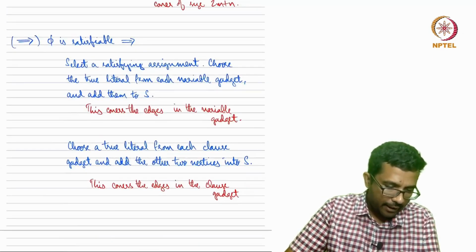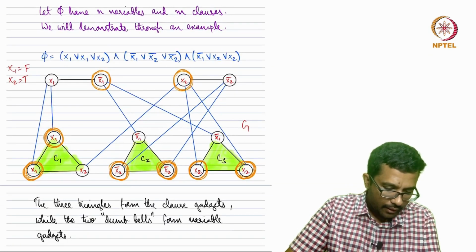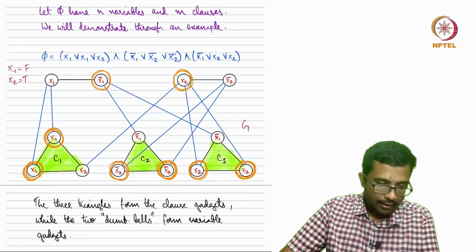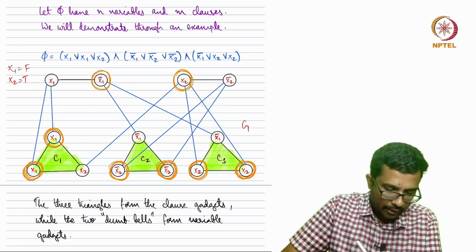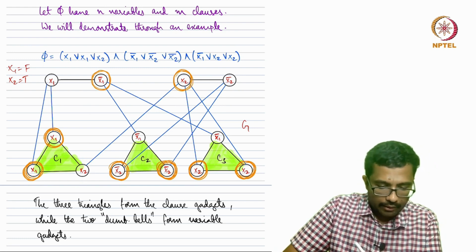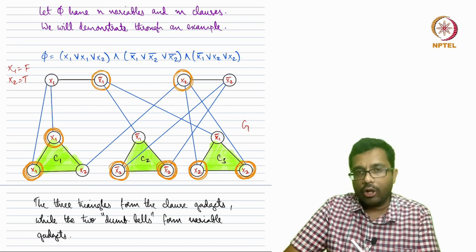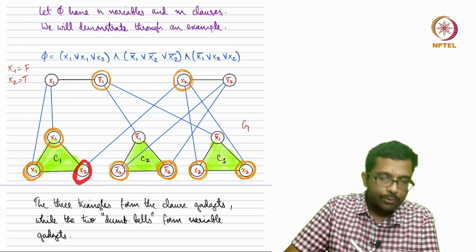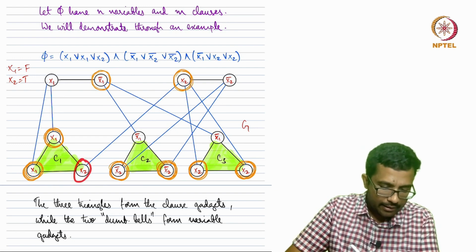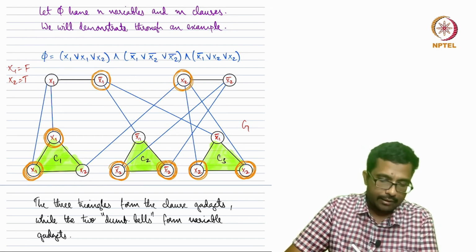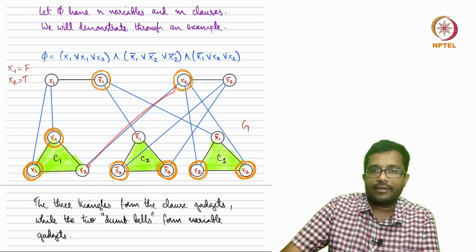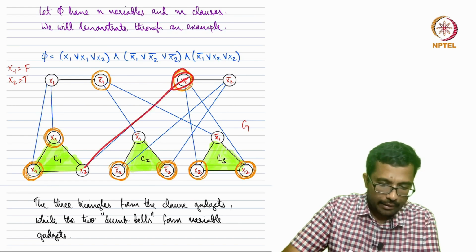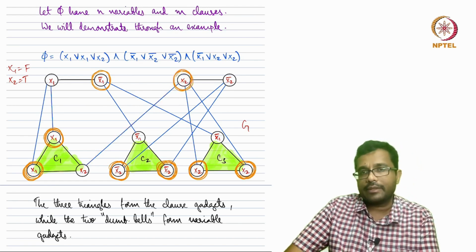This is because we need to argue that every clause has a true literal. The way to argue this is to look at the vertex that is not picked into the vertex cover from the clause. The claim is that this will certainly be true because this is not being covered from the clause vertices, so this edge is being covered from the other side. The other side means this is connected to x2, so x2 should be picked, which means x2 should be set to true.